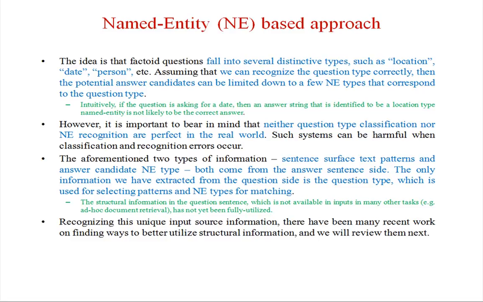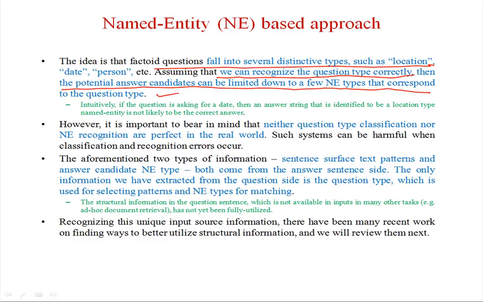For example, a named entity based approach. The idea is that factoid questions fall into several distinctive types such as location, date, person. Assuming that we can recognize the question type correctly, the potential answer candidates can be limited down to a few named entity types that correspond to the question type.